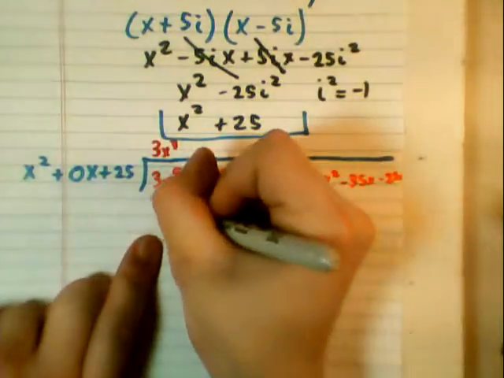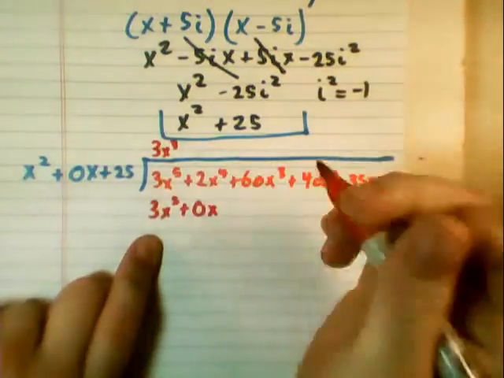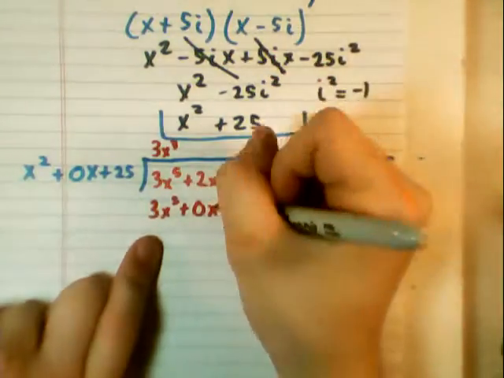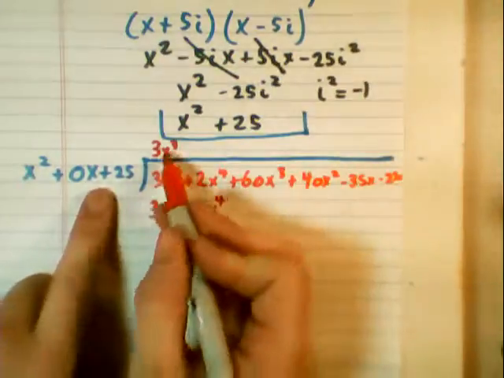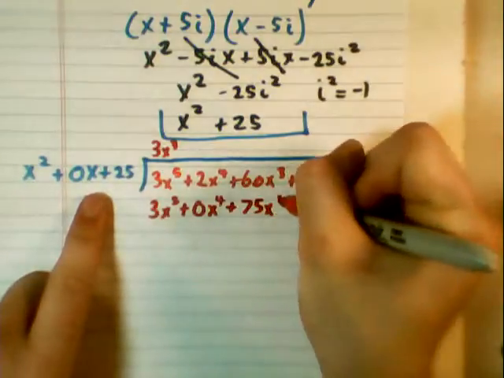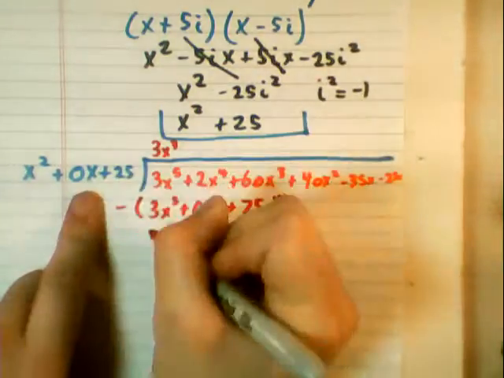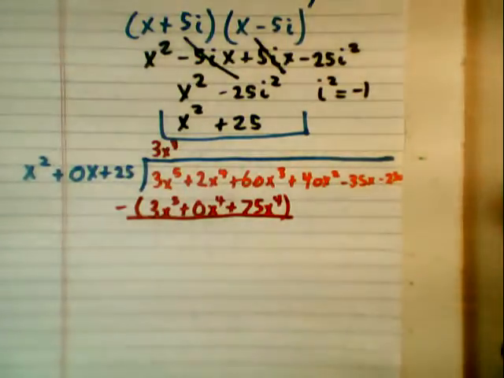So we get 3x to the 5th plus 0x to the 4th, because we don't have one. And then we multiply this, so we get plus 75x to the 3rd. And remember, we were actually subtracting that. So we go ahead and subtract.